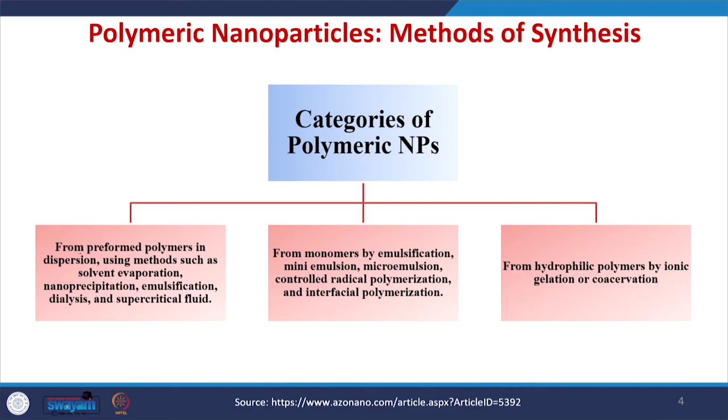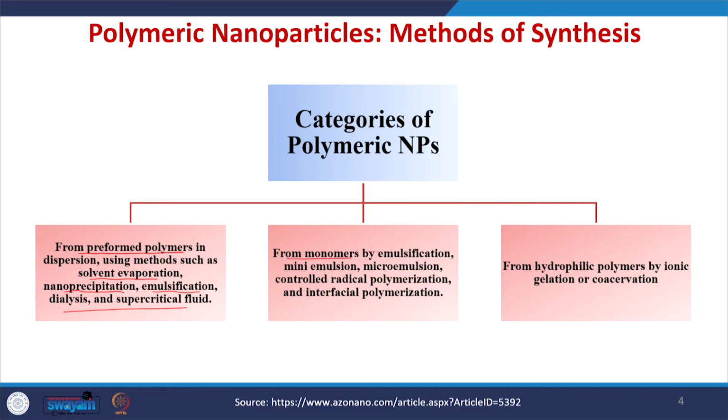These polymeric nanoparticles can be categorized based on the methods of synthesis. For example, from preformed polymers in dispersion, we can use a method such as solvent evaporation, nanoprecipitation, emulsification, dialysis and supercritical fluid technology for making nanoparticles from the preformed polymers.